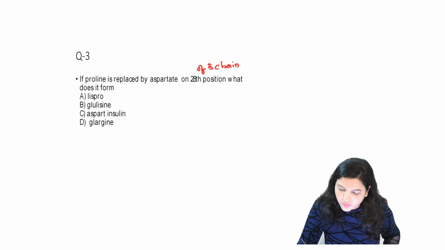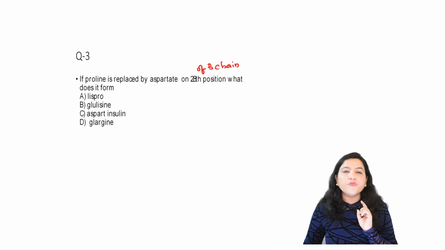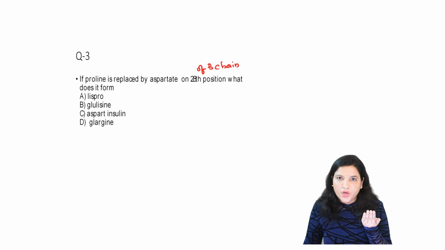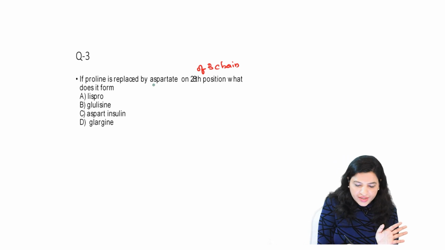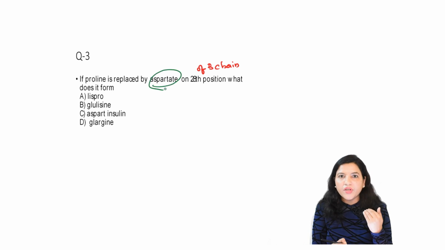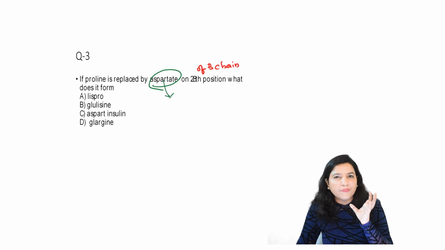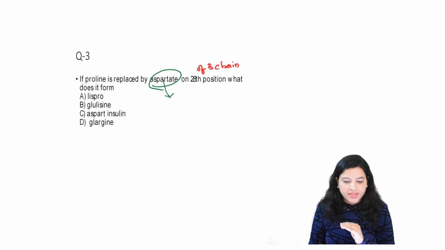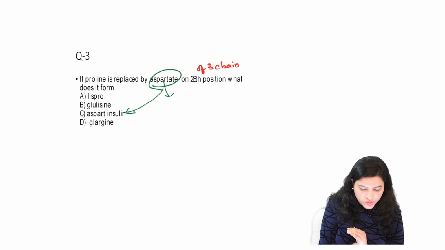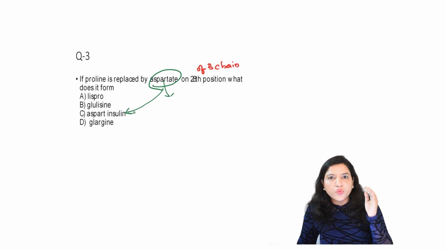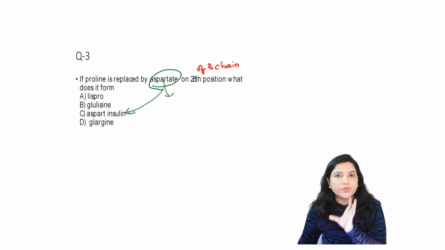I'll go to that question once more. If proline is replaced by aspartate, which means aspartate is the newly arrived amino acid, then the name of that insulin preparation carries evidence of that newly arrived amino acid, so you can guess that this is aspart insulin.